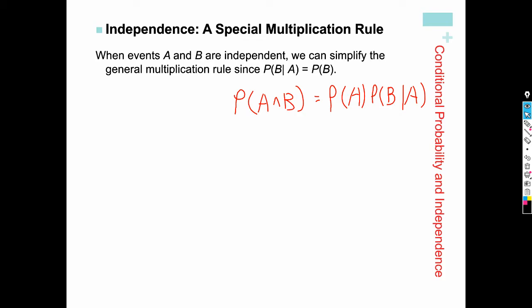So combining these two rules together, if two events are independent, usually we need to keep track of when does A happen and when does B happen if we know that A happens. Well, if two things are independent, then knowing that A happens has no bearing on whether B happens.